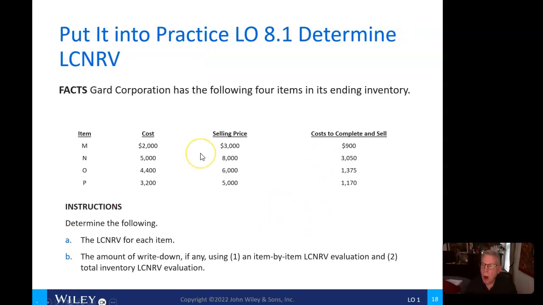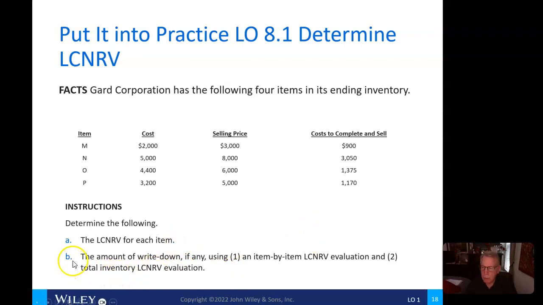Now, the Guard Corporation has the following 4 items in its ending inventory, and we have Mike, November, Oscar, and Papa here. We've given costs and selling prices and the costs to complete and sell. So what's the lower of cost or net realizable value for each item?